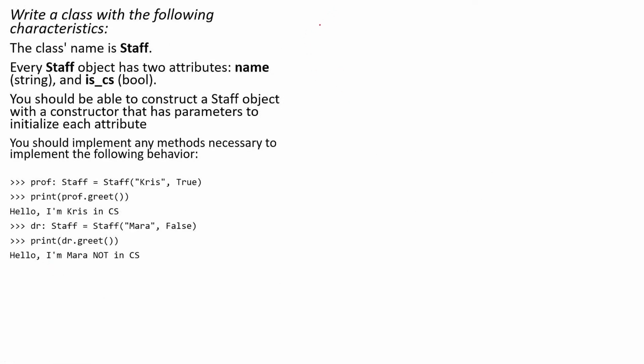So let's start with the class, and the class name is staff. We know that we have these two attributes, so we define our attributes, and typically we always just define those first. So name is a string attribute, and isCS is a bool attribute, a Boolean property. And then we have our constructor.